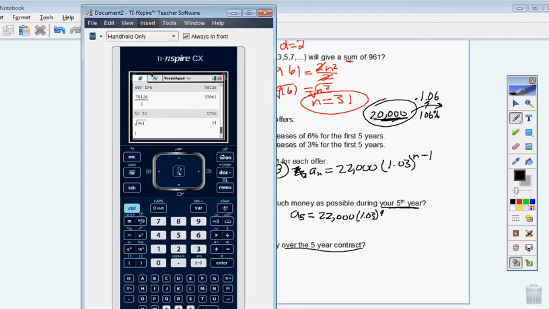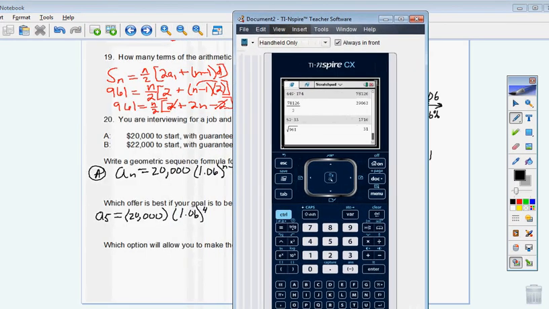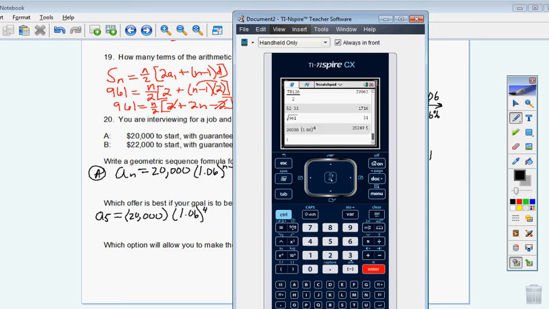All right, so on here, I do 20,000 and multiply that by 1.06 raised to the 4th power. I guess I could put it outside; it's not going to really matter. And then I get this number. Now remember, I'm not good at doing this.